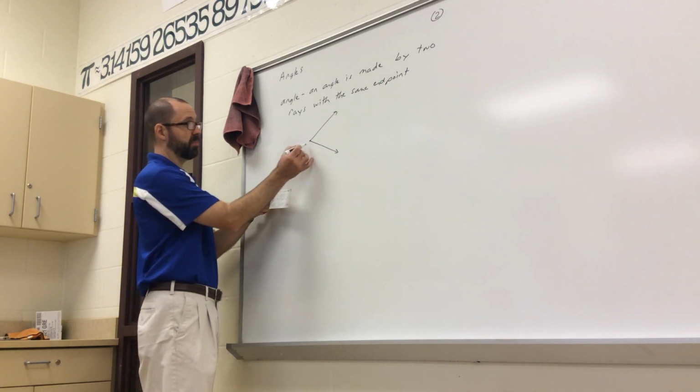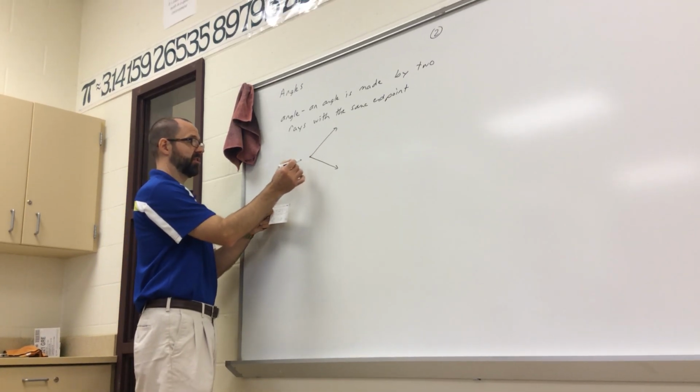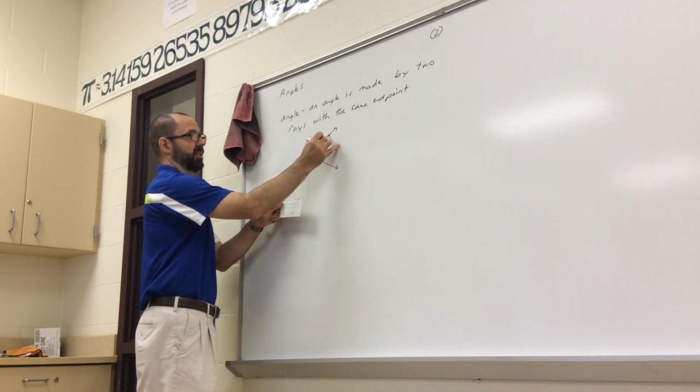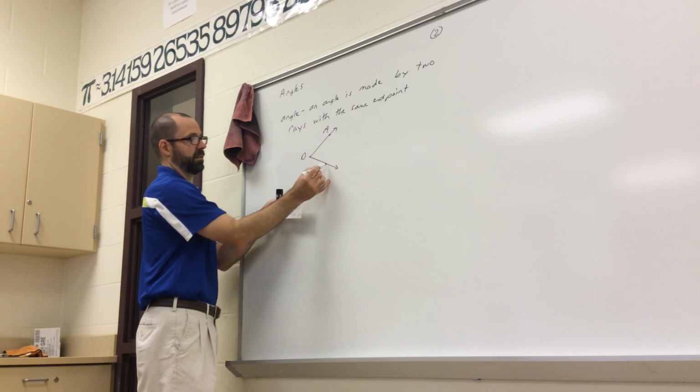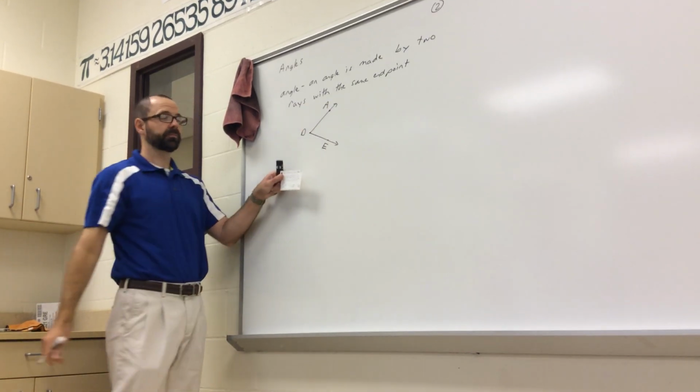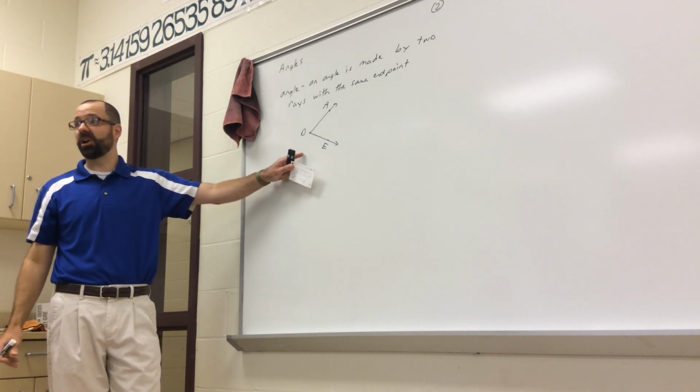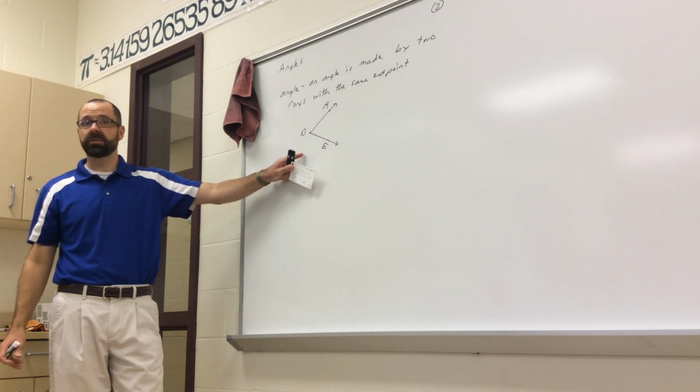All right, then the end point together is called the vertex. So I'm going to say that that's D. And then over here, let's say we have an A. And over here, let's say we have an E. So those are some points that are on the angle.